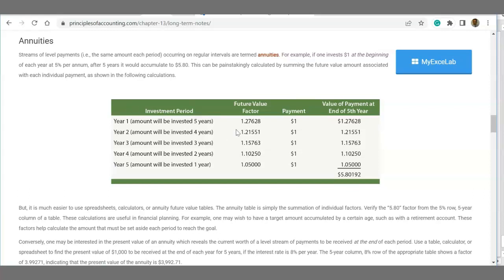So one way is using the lump sum table, and multiply this 5 times. This is a hard way to do it, long way to do it, but you can do it if you want.